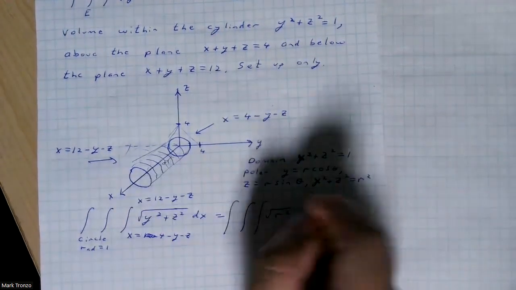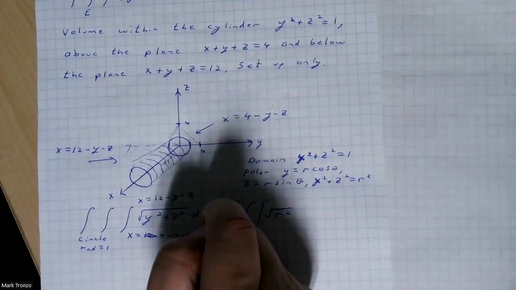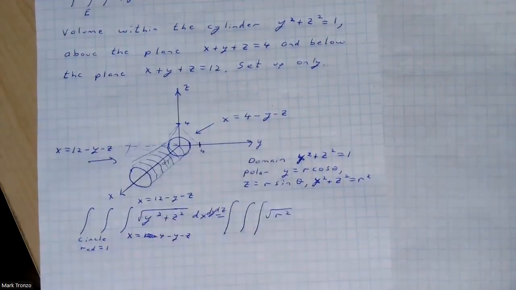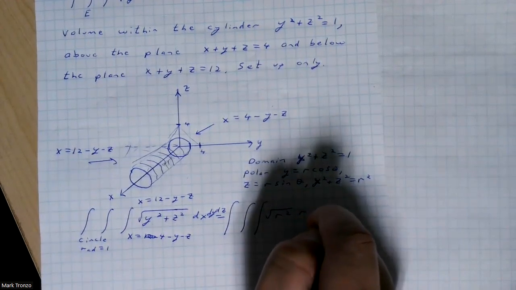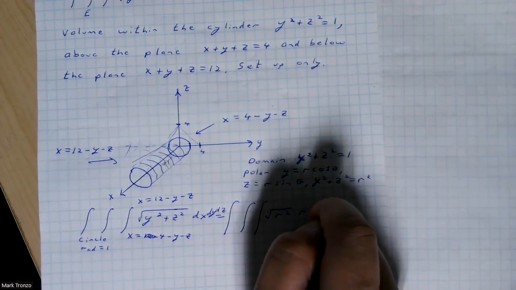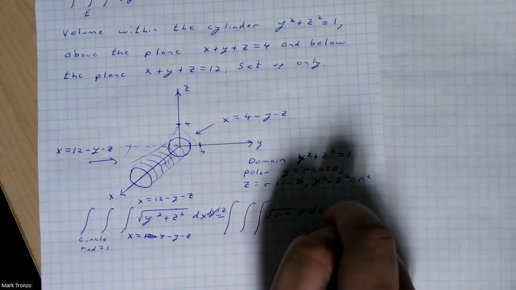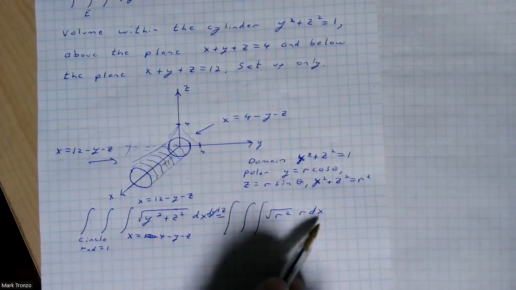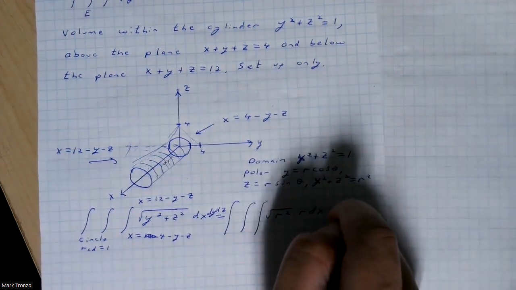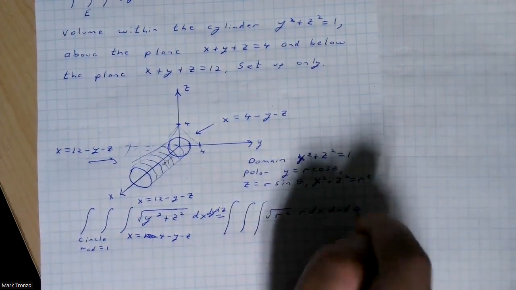And of course, you always remember, actually, this should have been dx, dy, dz over here. Then you're going to have r dx over here. And then for the last two, we're going to do polar, dr d theta.